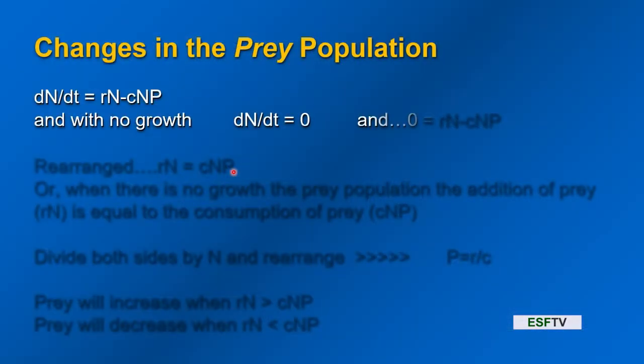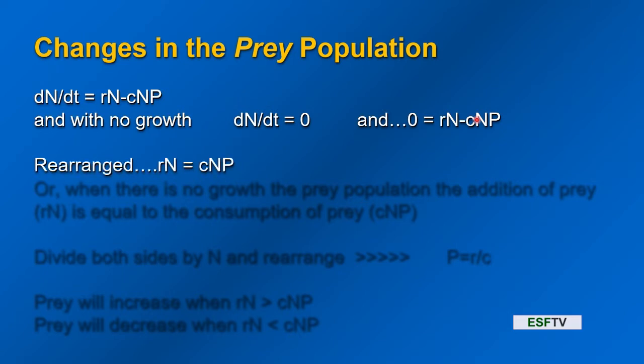So to look at the prey population, we start with that equation, and then we could say, okay, with no growth, dN/dt equals 0. There's no change over time. If that's the case, then rN minus CNP, the other half of that equation, equals 0. There's no growth. And then you can play around with this to tease apart what those different variables are doing.